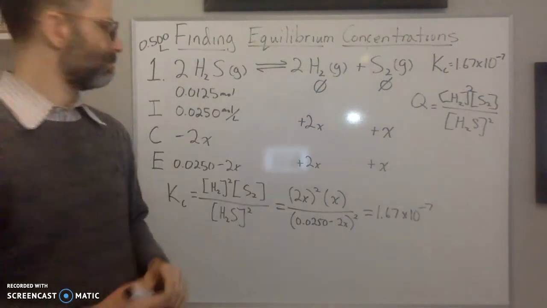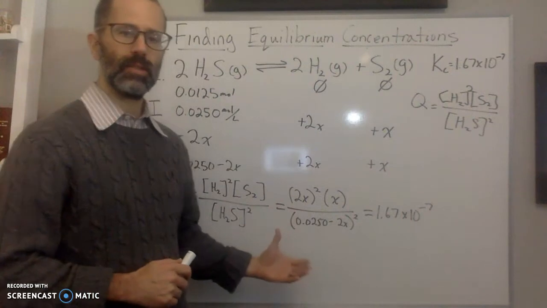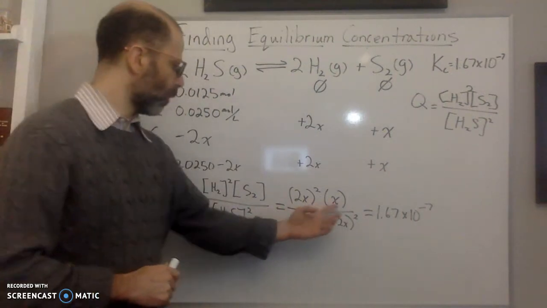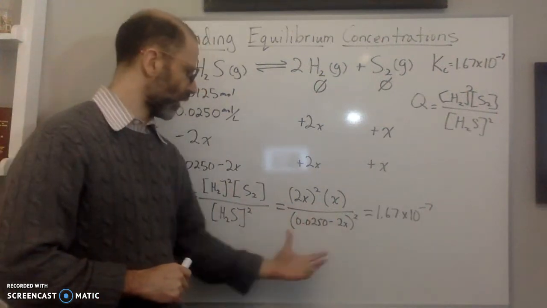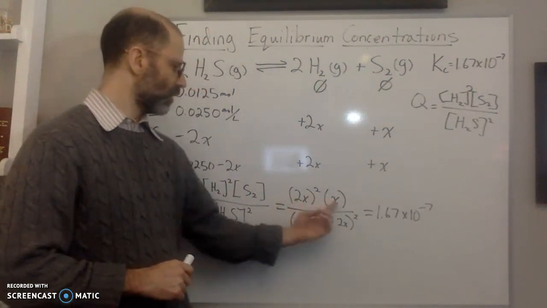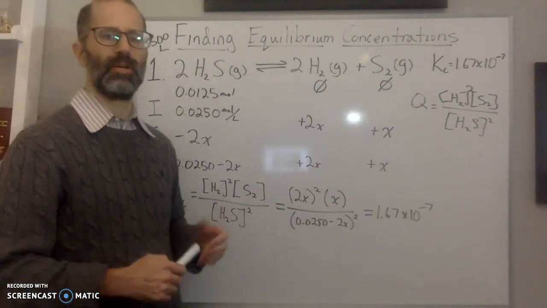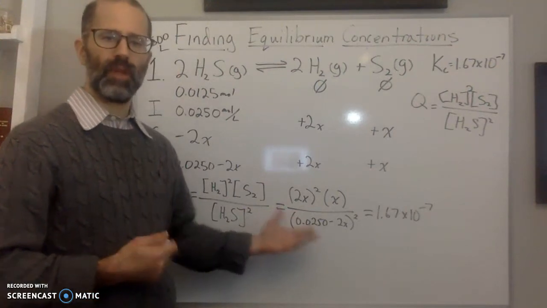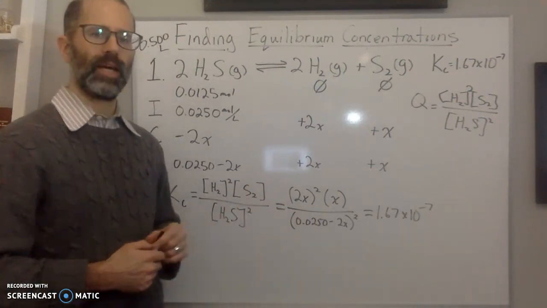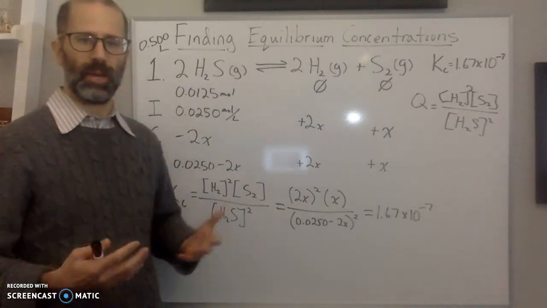Okay, so this looks like a beast to solve because we're going to multiply these two. This is going to be an ugly quadratic here. We're going to have x squared here, so you're going to need a quadratic formula. So this is going to be relatively hard to solve. But we can use a trick called a simplifying approximation.